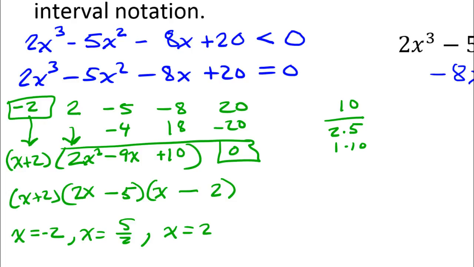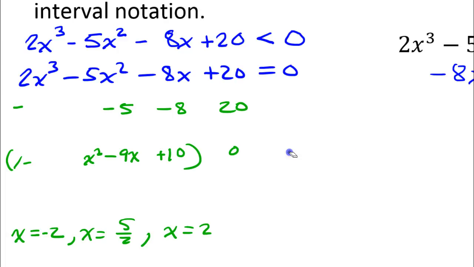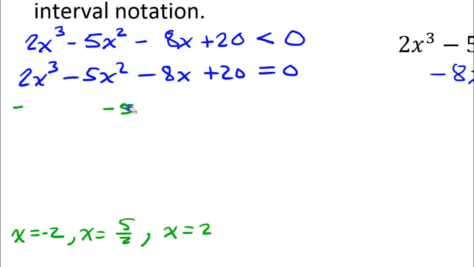Okay, now I'm going to go back and do that by grouping, just because I want you to see how it's done. So I mentioned that grouping will work. In grouping, you take the first 2 terms, you take the second 2 terms. The only common factor here is x squared. So I would pull that x squared out front.